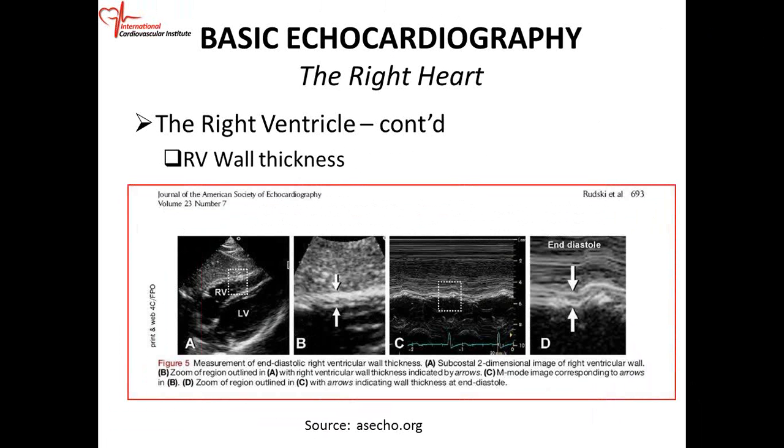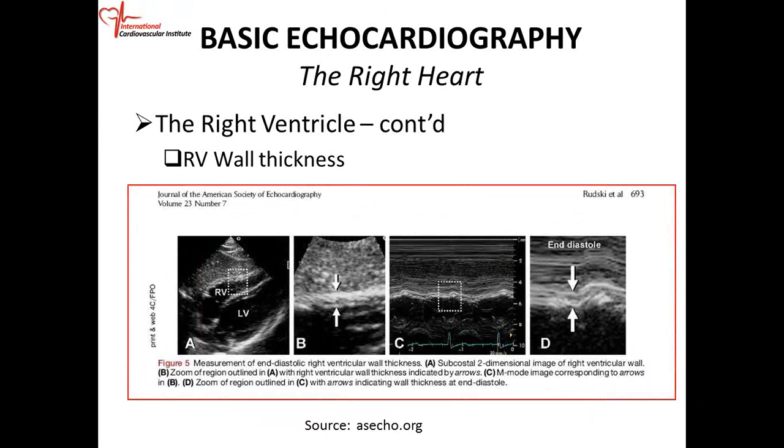Okay, so you have to know what phase of the cardiac cycle you do these measurements. So the RV wall dimensions and the RV wall thickening is done in end diastole. And again, you have to zoom it. When you zoom it, you reduce the error.